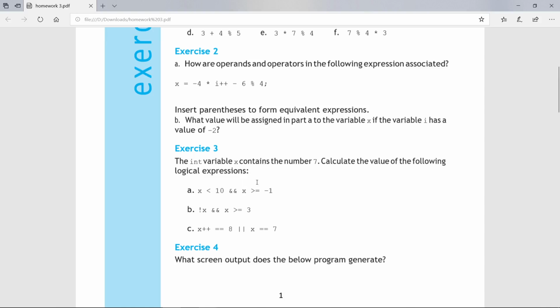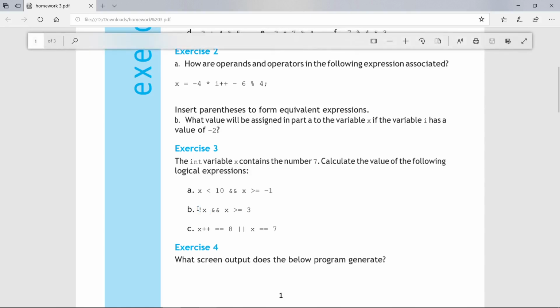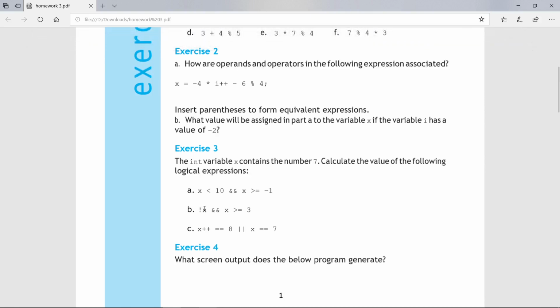So this one would be true. On the following one, we have not x, so this exclamation mark would actually do the opposite. So if we put 7 in there, it would give us true. But because you have the exclamation mark in front of it, it would actually do the opposite and give us false. And right away, you can stop looking at the rest of the statement because we're using the AND operator. So if one side is false, then the rest doesn't really matter, right?